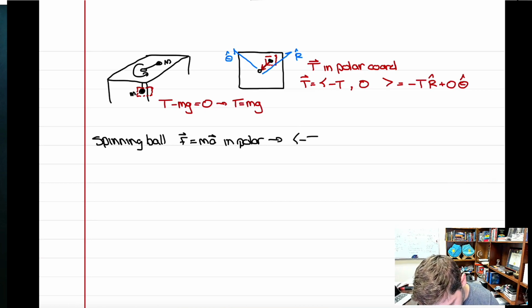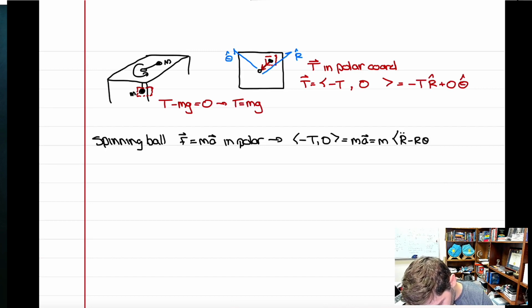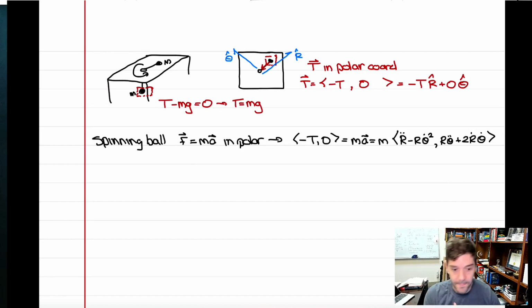So the net force then is only the tension, so it's (-T, 0) in the r, theta hat direction. And then this equals ma. But again, the a we use here is not a_x, a_y, not even a_r, a_theta, but (r double dot minus r theta dot squared, r theta double dot plus 2 r dot theta dot).